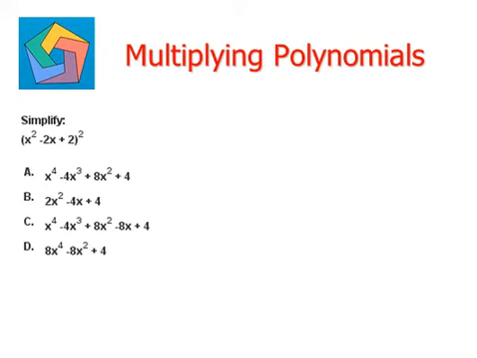Now here it says x squared minus 2x plus 2, to the power of 2. Anything raised to the power 2 means it is multiplied by itself again. So we write down another step. The power of 2 becomes like this.